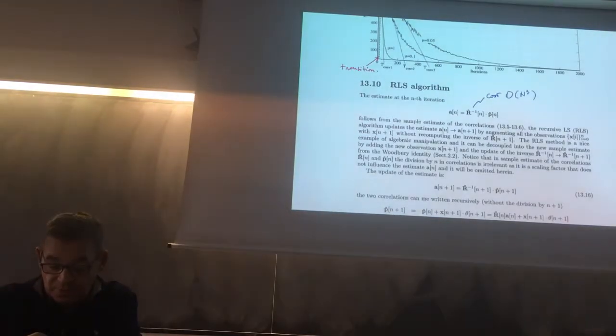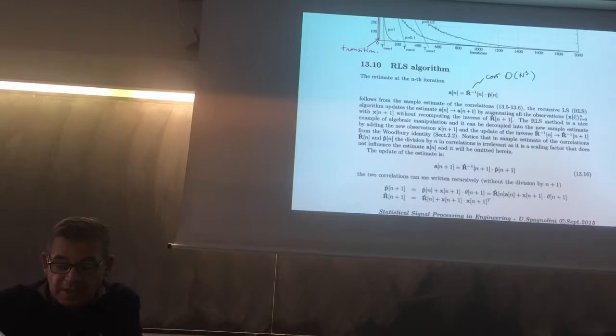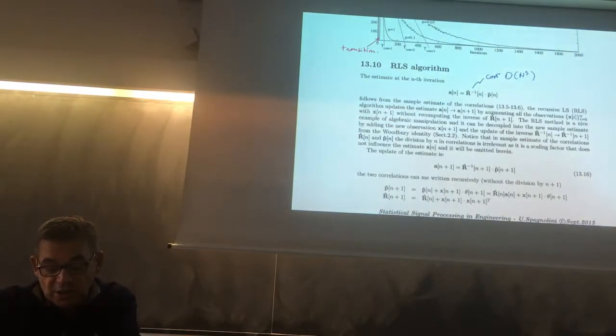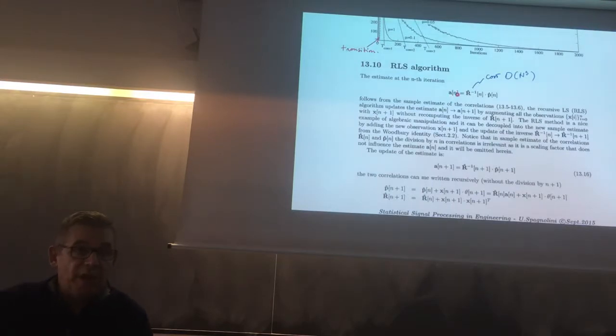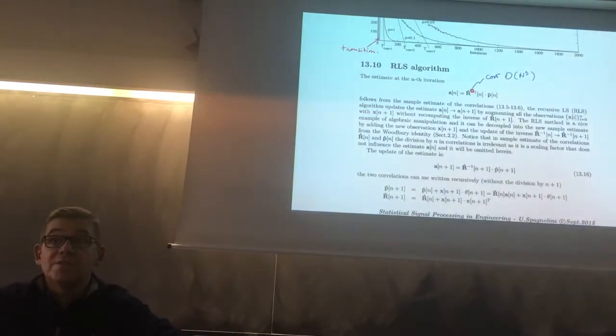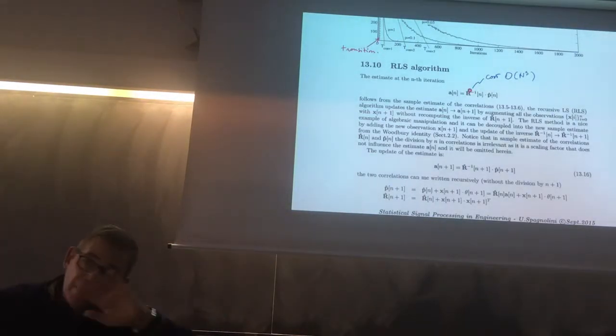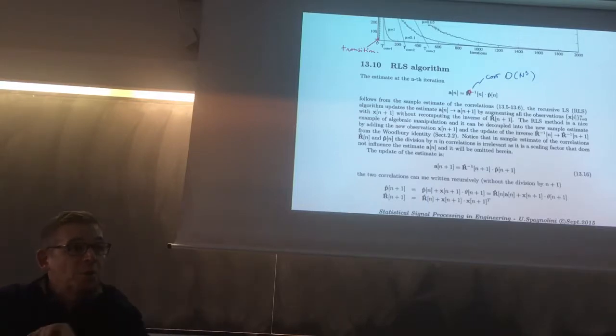Update the inverse. So if I take the computation of the filter A at iteration n, then this is by inverting the matrix. Let's assume that this inverse has already been done.